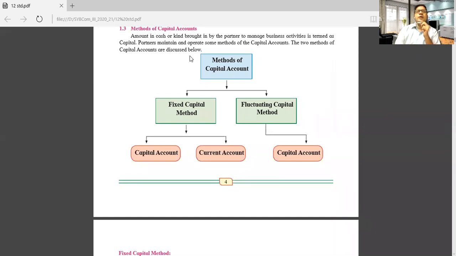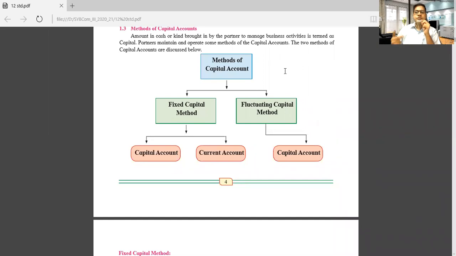Now there are two methods of capital. The first method is the fixed capital method, and the second one is the fluctuating capital method. What do you mean by the fixed capital method, and what do you mean by the fluctuating capital method? That we are going to discuss.